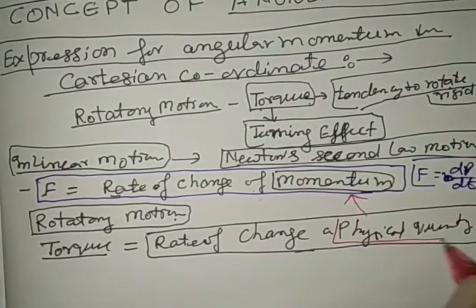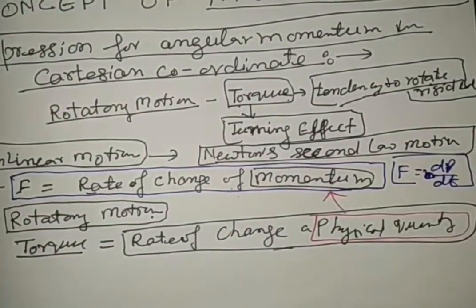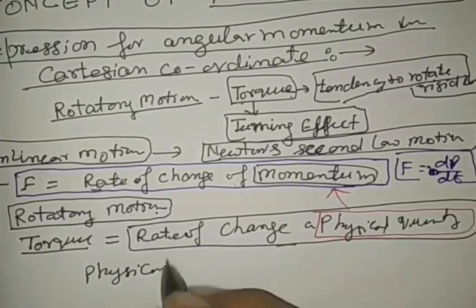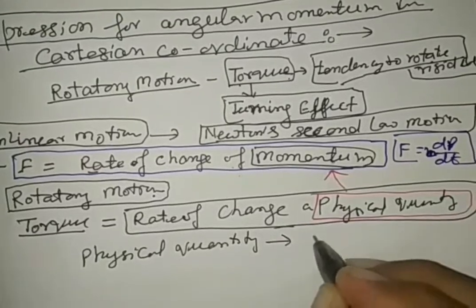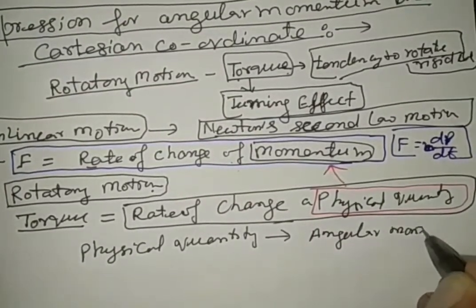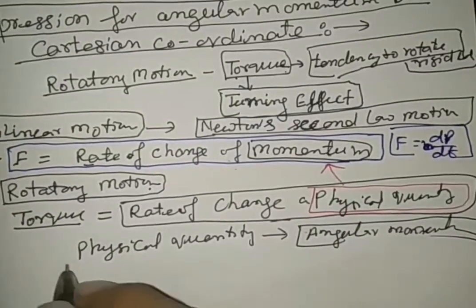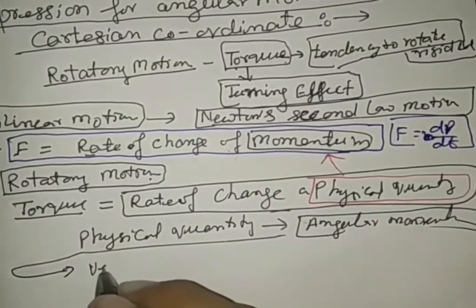In place of this physical quantity, here known as momentum, this physical quantity is known as angular momentum. Angular momentum, right? Same as momentum, it is also a vector quantity.